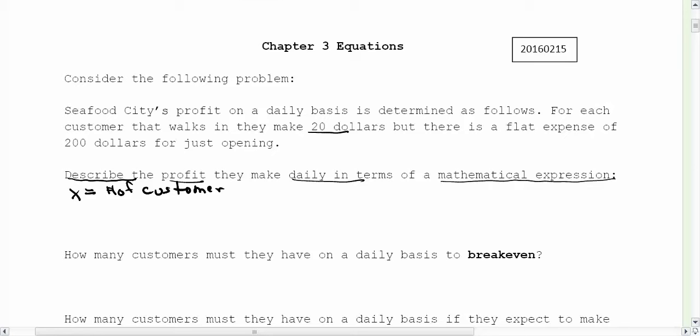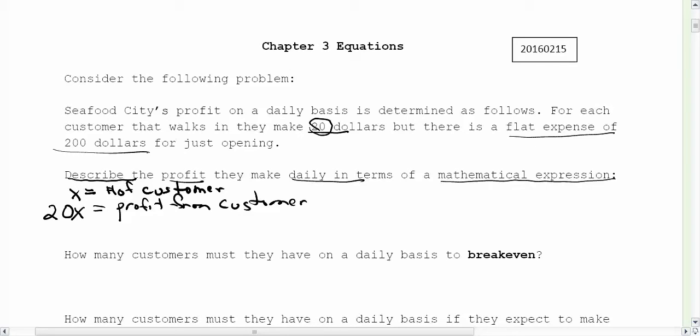So if x is the number of customers, then each customer makes $20 for Seafood City. So the profit from the customer is going to be 20 times x. Now, there is a cost that is associated with just opening up the store, $200.